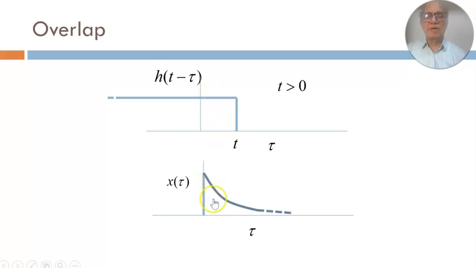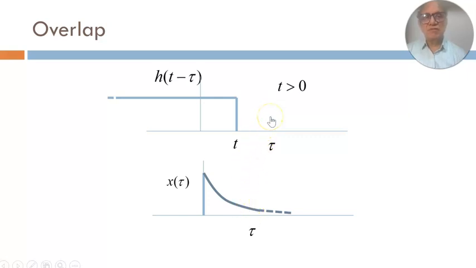So when we take the product, it is essentially the function x(tau) itself, because this multiplied by 1 is going to be this function itself. So that is just the exponentially decaying function. And note that for values of tau less than 0, this is 0, so the product is 0. And for values of tau greater than t, this is 0, so again the product is 0.